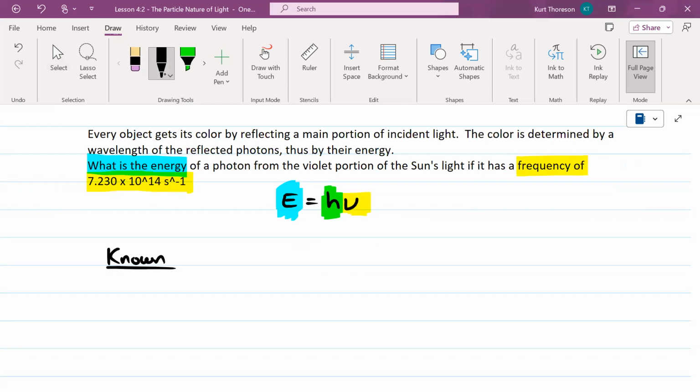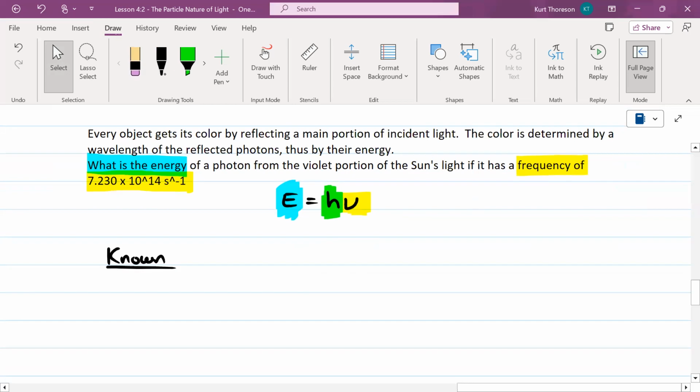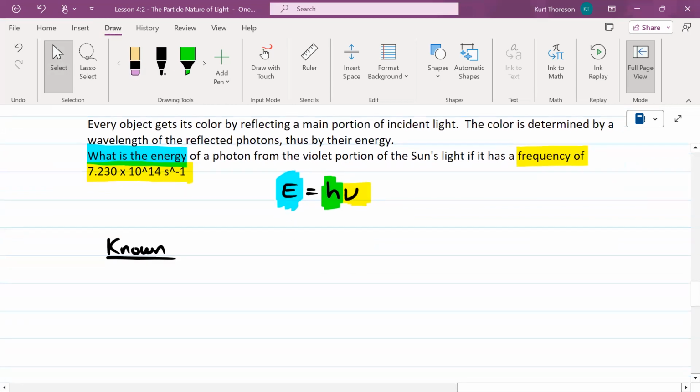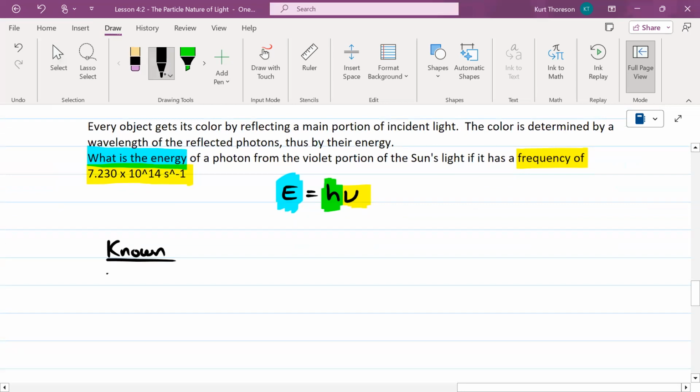Well, you only have three variables to choose from. What is the energy of a photon from the violet portion of the sun's light if it has a frequency, there's the known, 7.230 times 10 to the 14th reciprocal seconds. That is your value for nu, frequency.